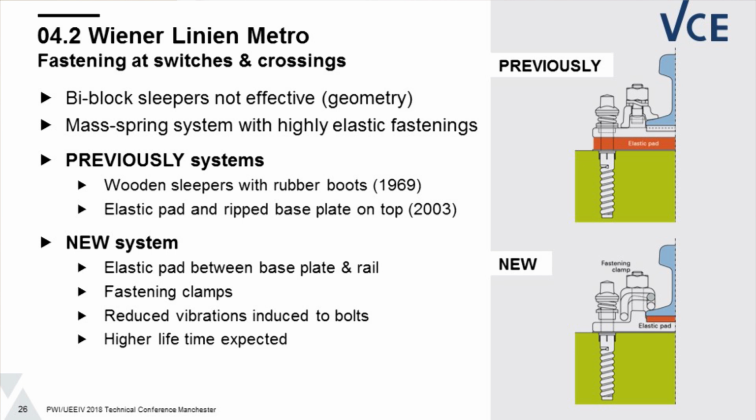We have fastening clamps instead of the bolt, and now we are having reduced vibrations induced to the bolts and a higher lifetime that is expected. This section was already installed some months ago, and we already had some investigations in regard to lifetime expectancy and to maintenance costs, and basically this system demonstrates that this maintenance issue can be reduced to a minimum.